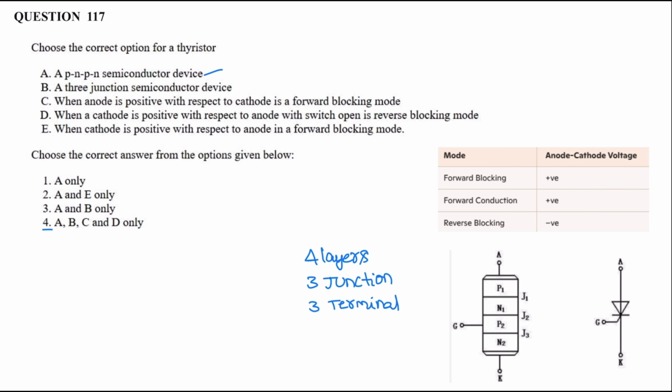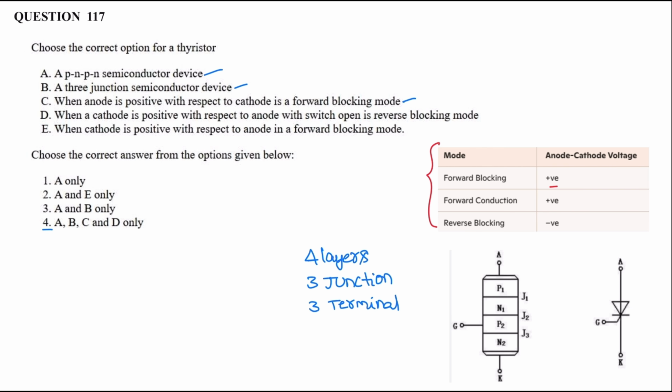Statement B, it is a 3 junction semiconductor device. Statement B is correct. Statement C, when anode is positive with respect to cathode, it is in forward blocking mode. There are 3 modes of operation for this thyristor: forward blocking, forward conduction and reverse blocking. In forward blocking, anode is positive with respect to cathode. Statement C is correct.